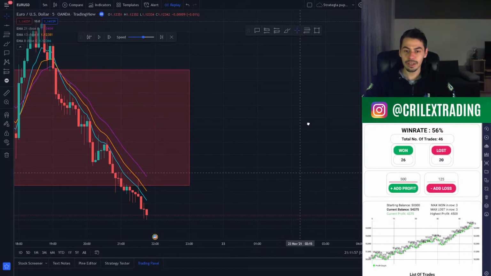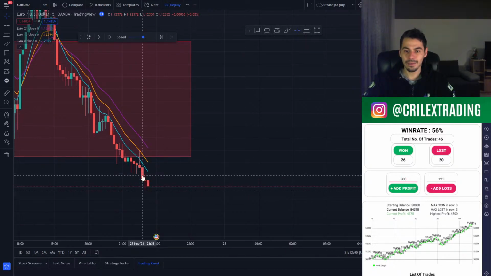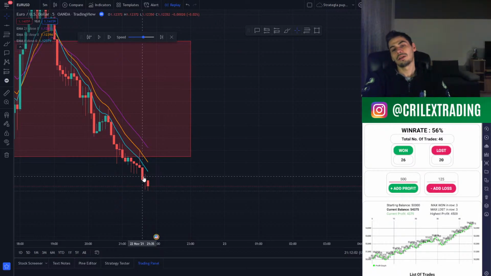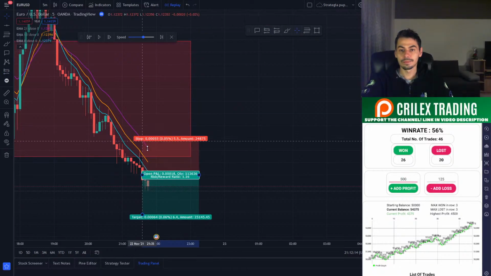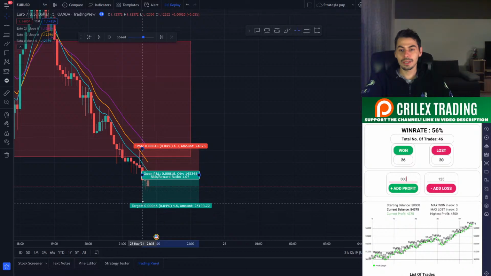And now we have another entry. I'm not sure, I think it's past 9:30 p.m. Not sure if we would take this position right here. For the sake of backtesting, let's do it. This will be the stop loss, targeting 1-to-1 at first.